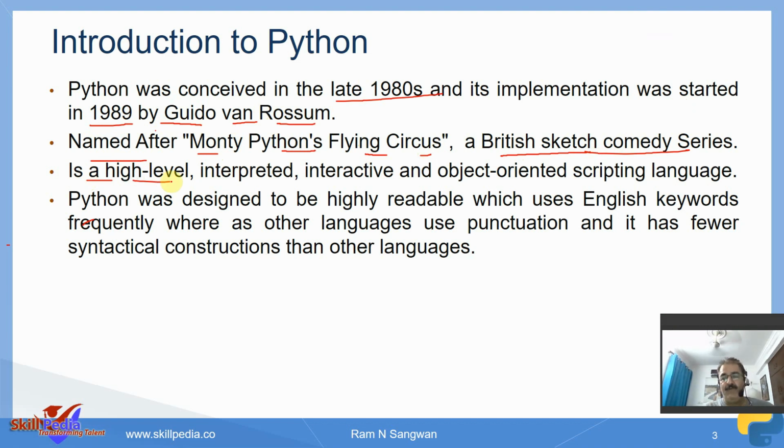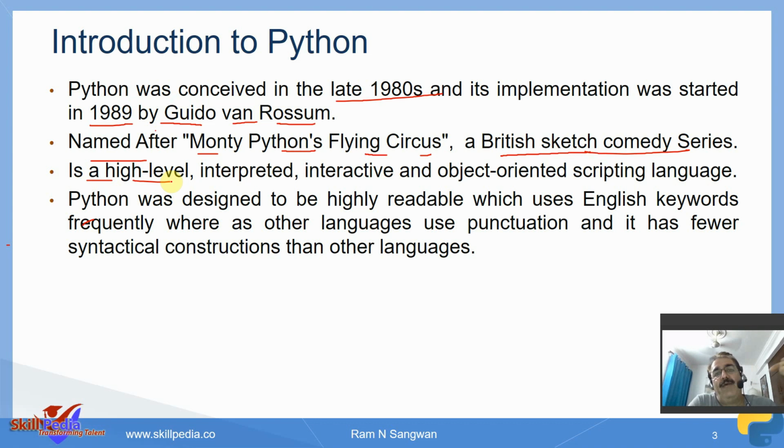When you say high level, what does it mean? High level means the language which we as human beings can understand, which has English-like words, which does not have machine language, which does not have assembly language. So English words, English grammar, that is a high level language.